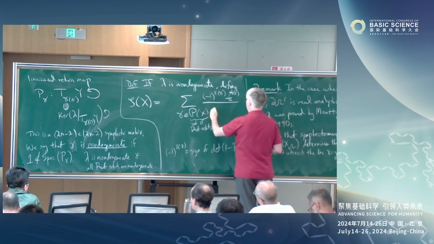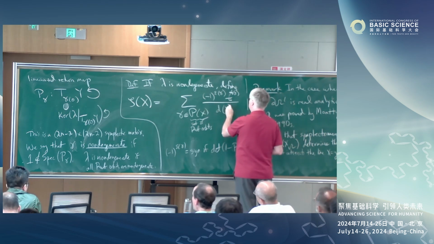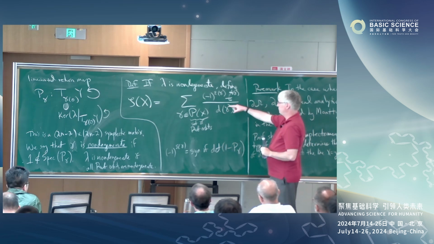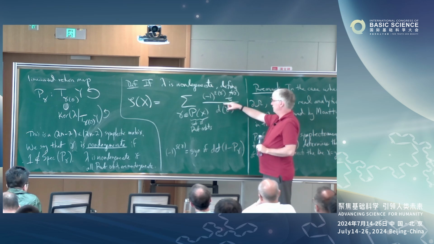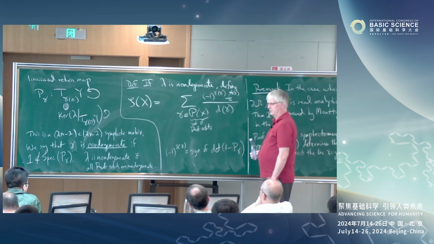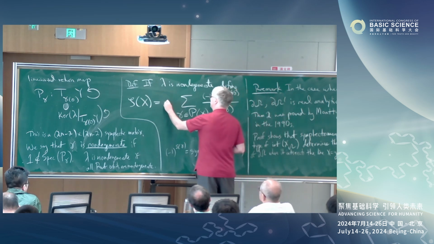And I divide by d of gamma. So this is a positive integer, that's the covering multiplicity. So this is some formal power series where the exponents are positive real numbers and the coefficients are rational numbers. And well, that's not good enough. So now we're going to exponentiate it.